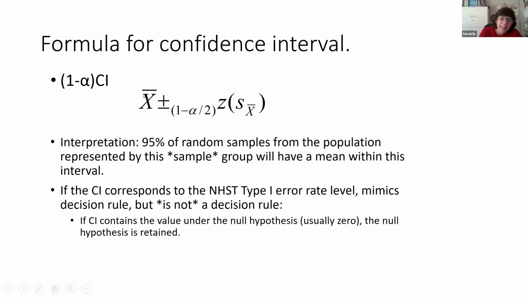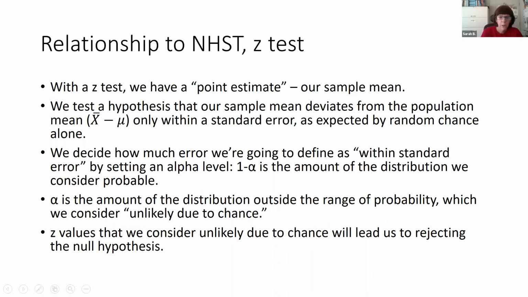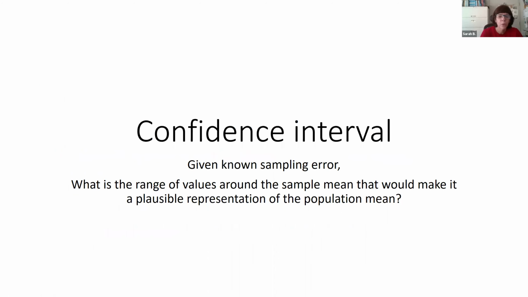So breaking it down a little bit more, this is your mean, simple. This term here is what you've already seen. Alpha 0.05, 0.05 divided by 2 is 0.025. 1 minus 0.025 is 0.975, which is this critical region.